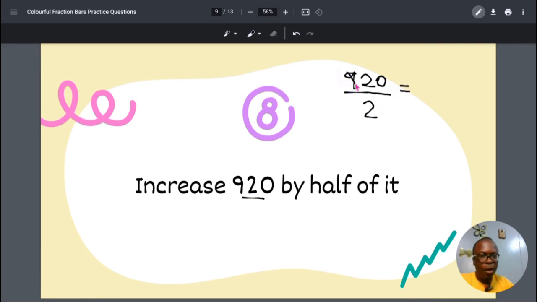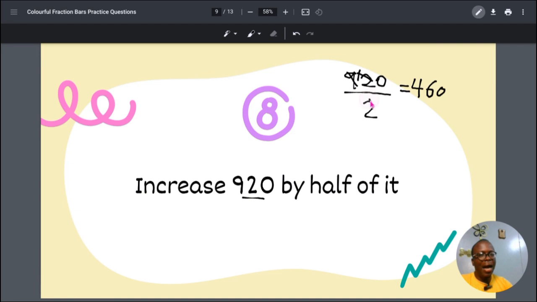You might love the long method, but fine. So 2 in 9 is 4. Right? So that's 8. 2 times 4 gives 8. And that's the closest thing to 9. And it will remain a 1. So I bring the 1 close to the 2. That gives us a 12. 2 in 12 here is 6. I'm writing my answer here. And 2 in 0, of course, is 0.